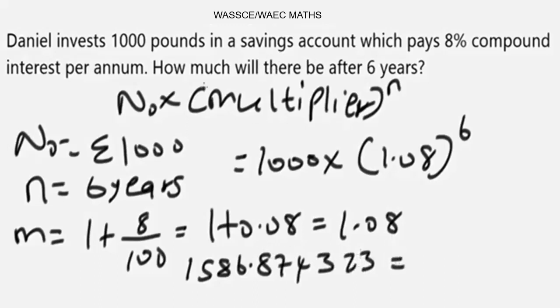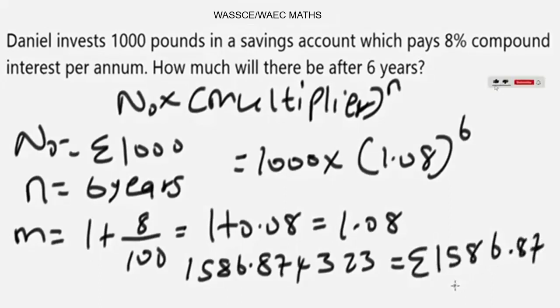So the amount Daniel will have after investing £1,000, which pays 8% compound interest per annum, after 6 years, when you approximate it to 2 decimal places, will be £1,586.87. That will be the amount. Remember, in this question, we're not looking for compound interest, we're looking for how much Daniel will have after 6 years of investing, which pays 8% compound interest per annum.